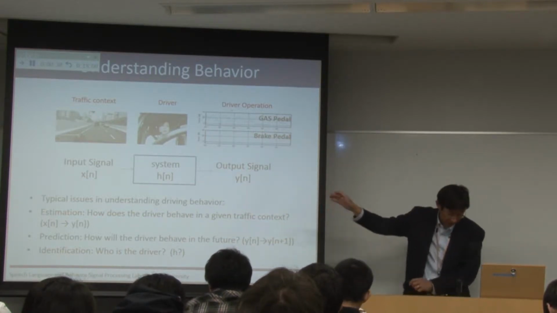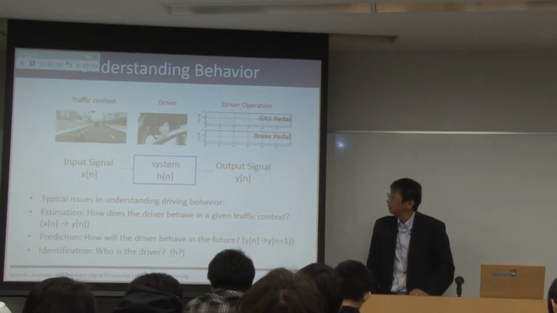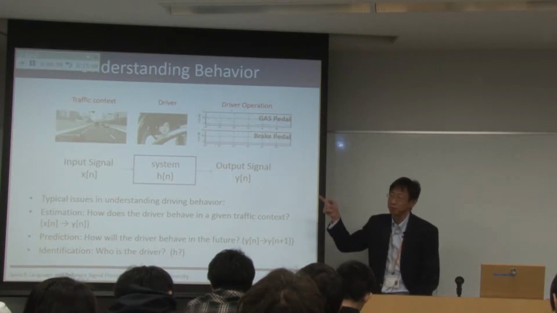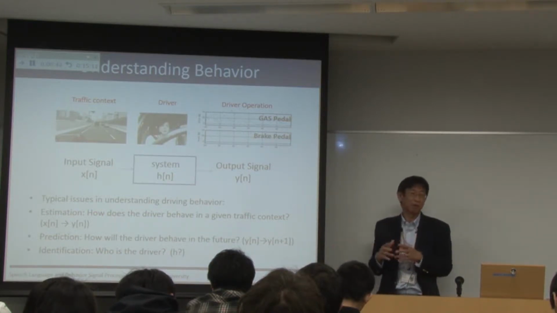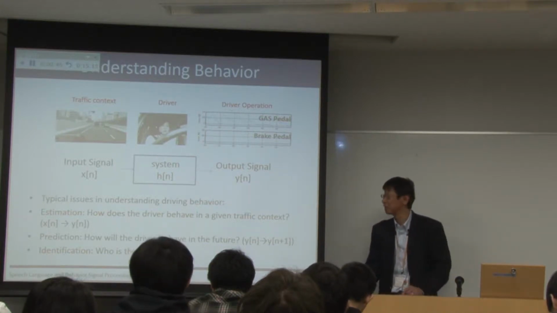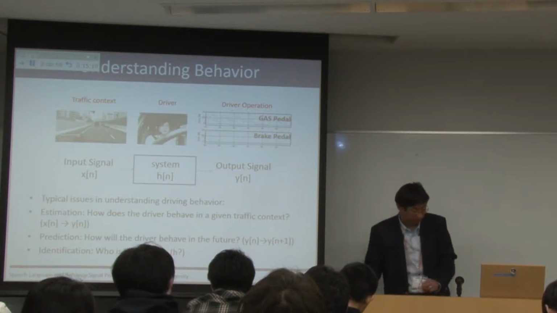So there is a causality between two signals. Describing the causality or relation between input and output in terms of a mathematical representation is the engineering problem of understanding human beings, which we call human behavior signal processing.